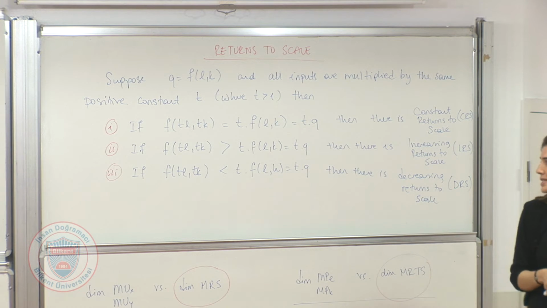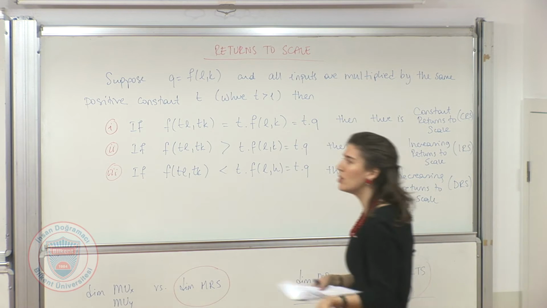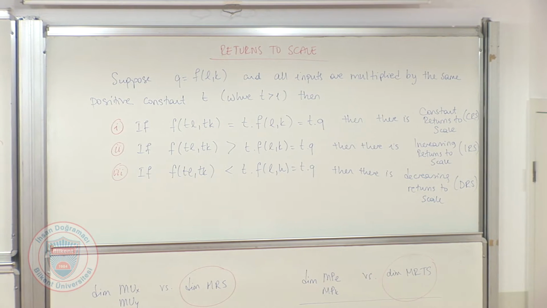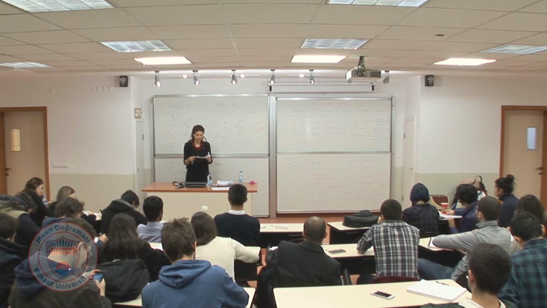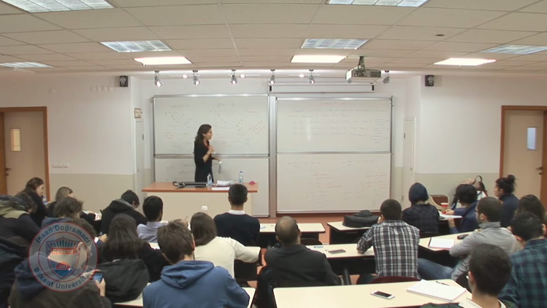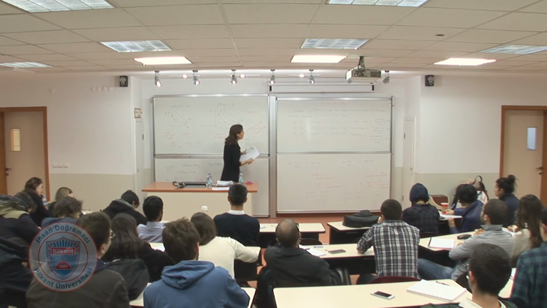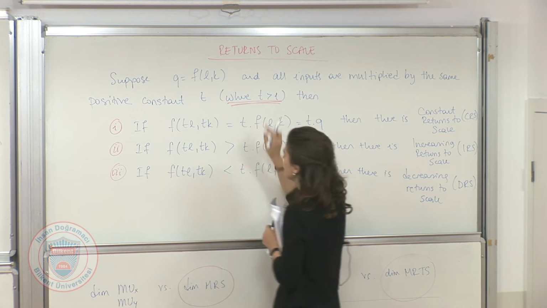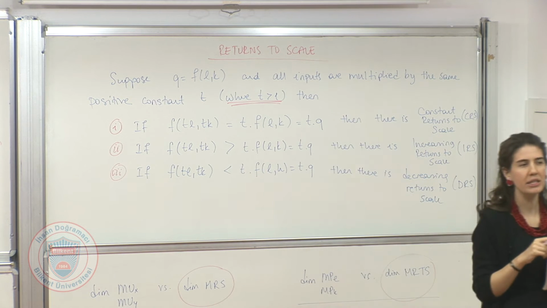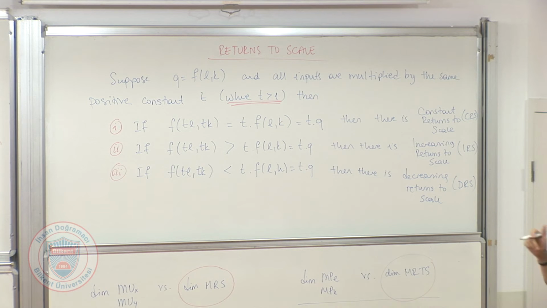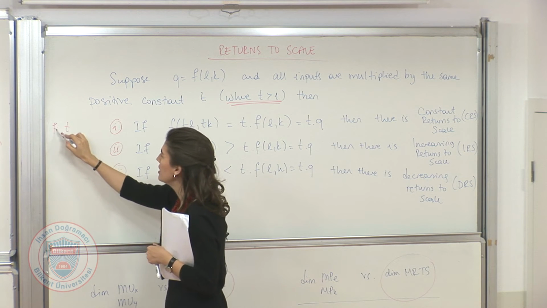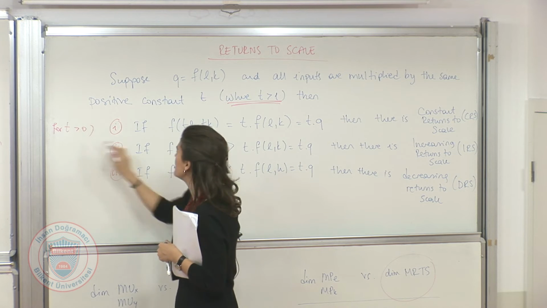So know these, because most of the time we're going to get a production function and try to figure out whether there is increasing returns to scale, decreasing returns to scale, and such. I told you that I was going to ask, why do you think this is the case? Why didn't I say t is greater than 0? Do you think this would work for any t greater than 0?